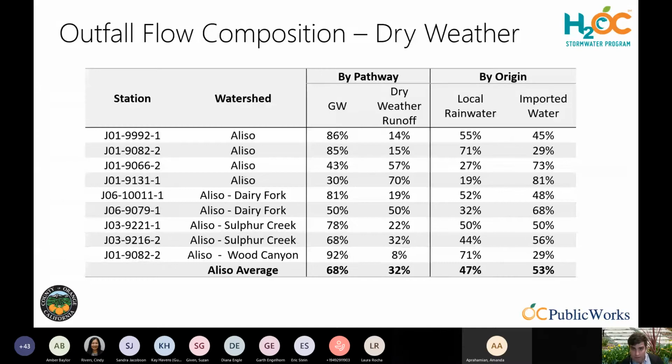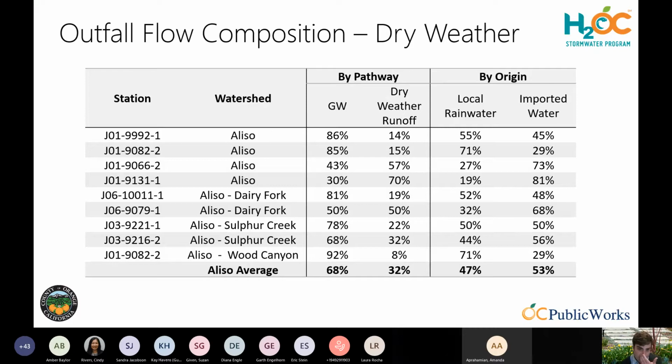Outfall flow composition. So there's two different ways to look at this. You can look at it by the pathway that it took to get to the outfall. And so I'm showing all of the Aliso Creek outfalls here. And so you can see that on average in Aliso Creek, about 70% of water got to the outfall via a groundwater pathway, and that about 30% is explained by dry weather runoff directly from potable water.